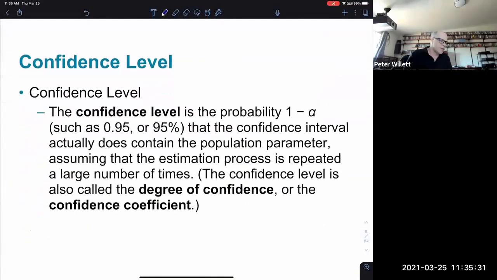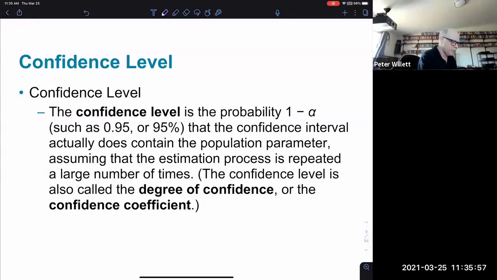So the confidence level is the probability that the confidence interval actually does contain the population parameter. So when we are giving a confidence interval, we just don't give the interval by itself. We also give the confidence level of our confidence interval.